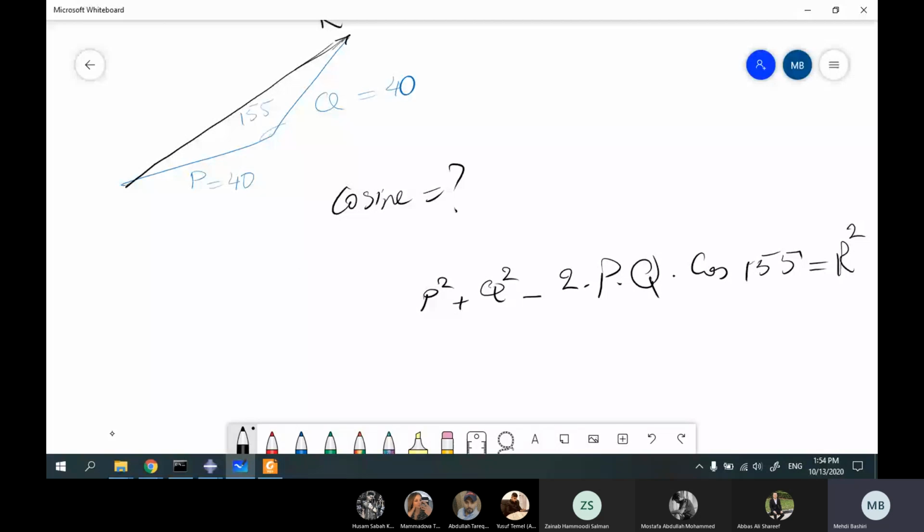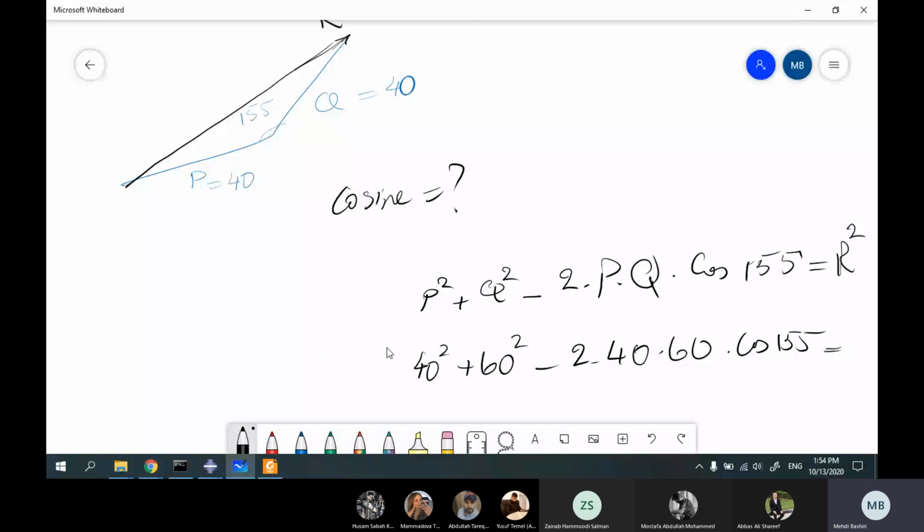So we have P, 40 squared, plus 60 squared, minus 2 times 40 times 60 times cosine of 155. Everything is known.